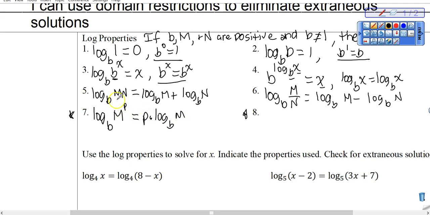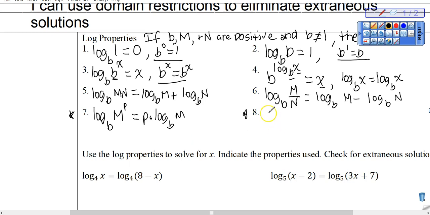So that's power down, bring the power down, or you can take the power and put it back up in the power position. It's a nice little rule because sometimes you want to get that exponent down out of the way. So the log of a power equals the power times the log.